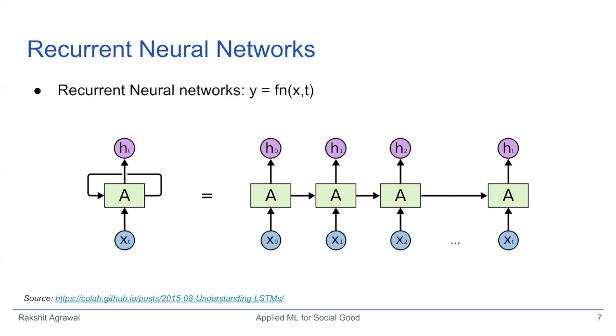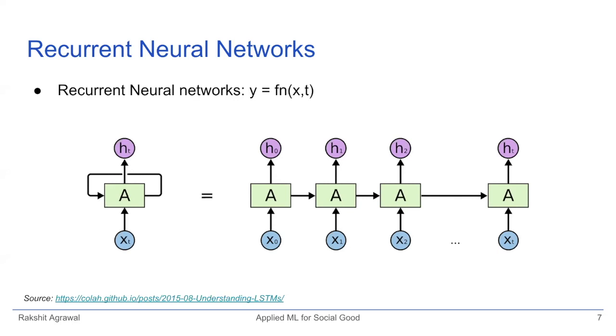Earlier, your output y was a function of the input x. Now, your output y is a function of the input and the time steps. So at every step, ht is equal to a function of xt and ht minus 1.